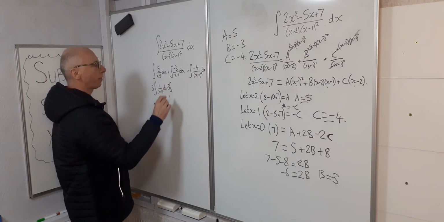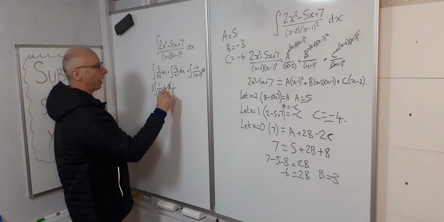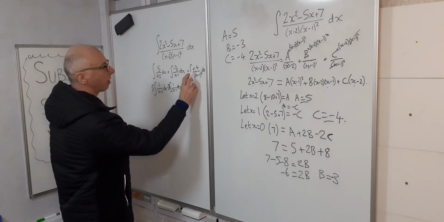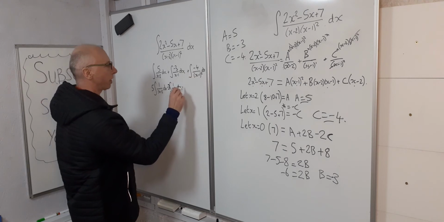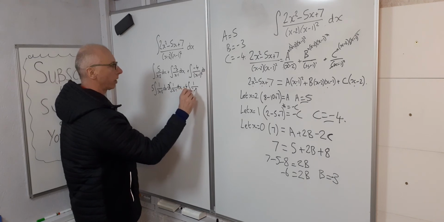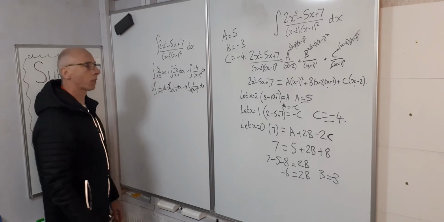Put minus 3, and then 1 over x minus 1 dx. And then here we've got minus 4, so we can bring this out. So minus 4 integral 1 over x minus 1 squared dx.